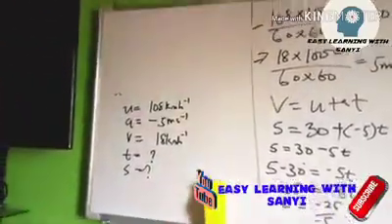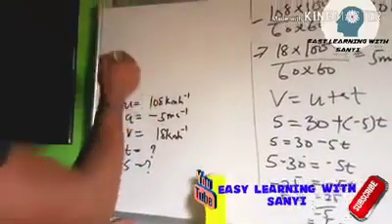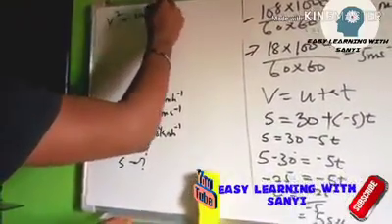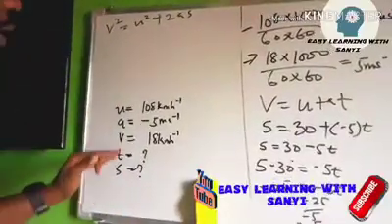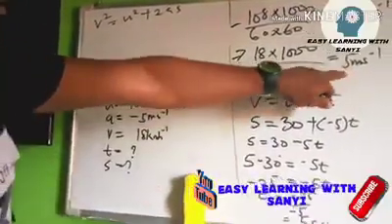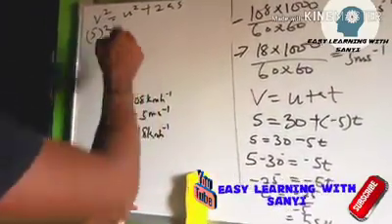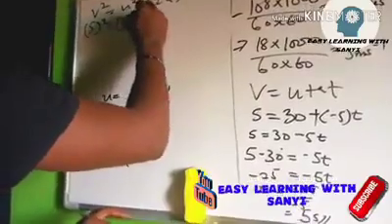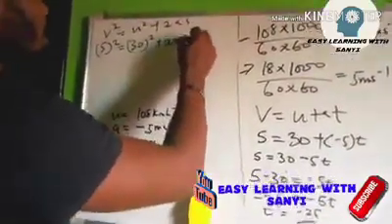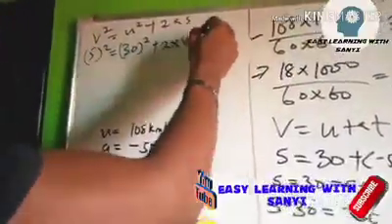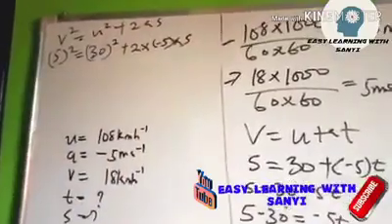So you are asked to find the distance. So now from here I can use this equation of motion: v squared is equals to u squared plus 2as. Now the final velocity is 5 meters per second. So I have 5 squared is equals to the initial velocity 30 squared plus 2 times acceleration minus 5 times s, which is the distance I'm looking for.